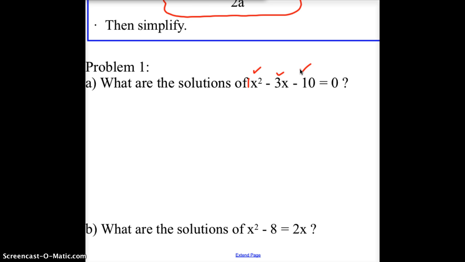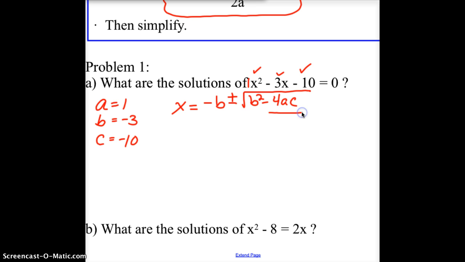So I'm just going to identify my a, identify my b, watch the signs, make sure you bring that negative 3 over, and identify my c as a negative 10. Then I'm going to use my formula, which says that the x values are equal to negative b, or the opposite of b, plus or minus the square root of b squared minus 4ac, all over 2a.